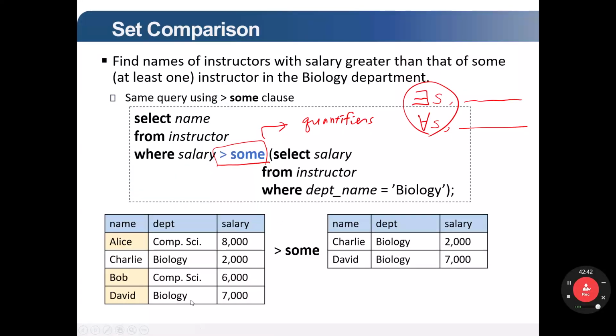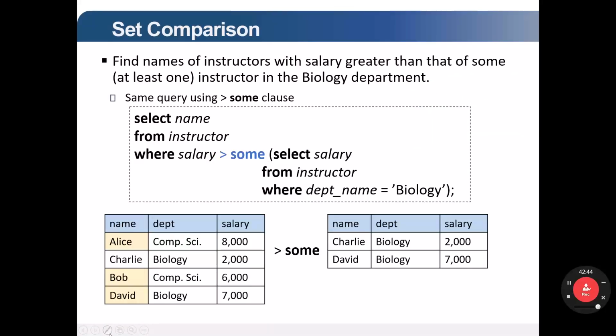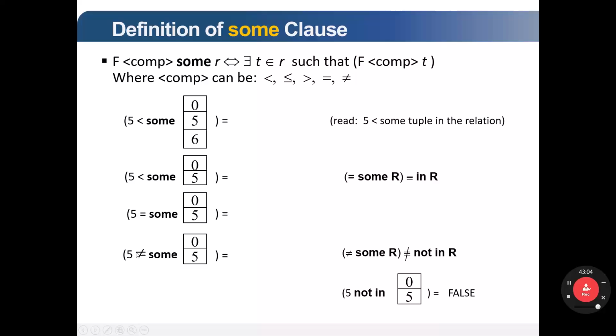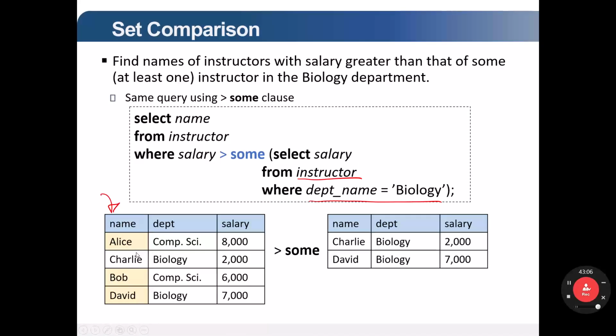Let's understand what this query does. Let's look at the inner, nested query first. We access the instructor table, and we only consider biology instructors. So Alice and Bob are filtered out, and we select only the salary column.